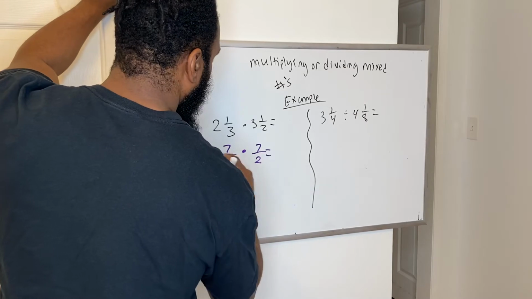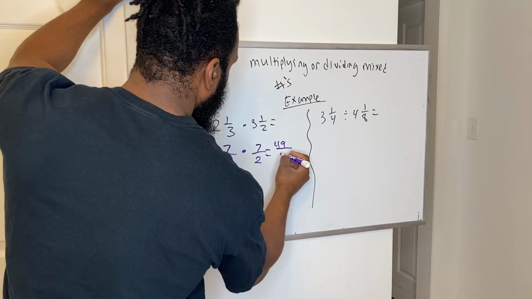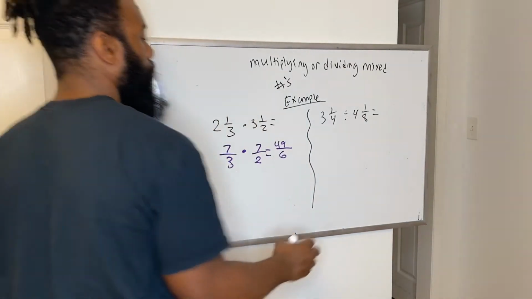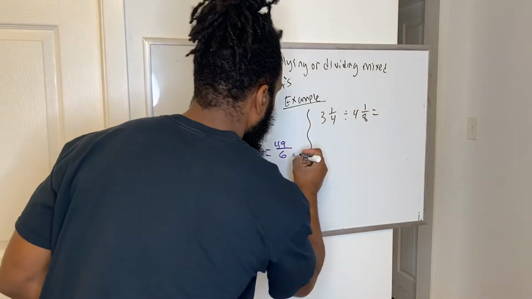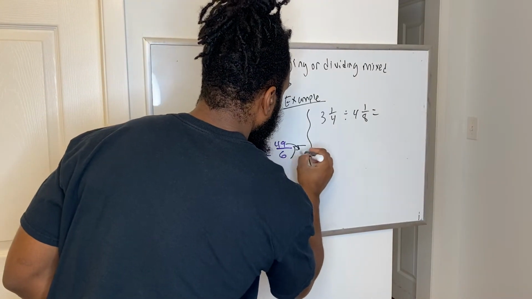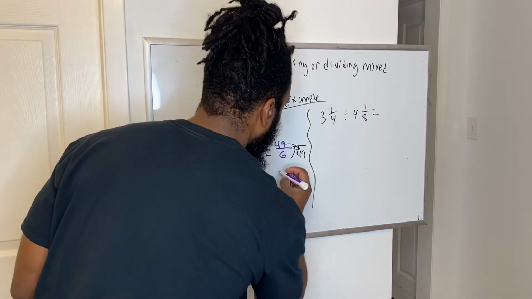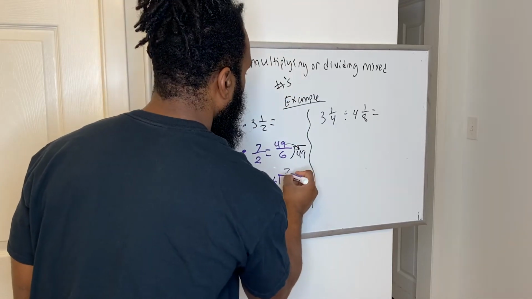I can now multiply. 7 times 7 is 49. 2 times 3 is 6. Now that I have an improper fraction, I got to turn it into a mixed number. So what I do is, show you my trick. So 6 divided by 49. 6 times 7 is 42.